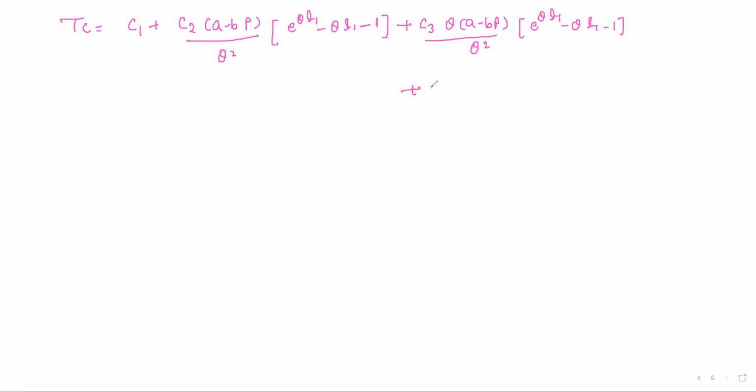And shortage cost is Cs (A minus BP) upon 2, and this is T square minus 2 T1 T plus T1 square.